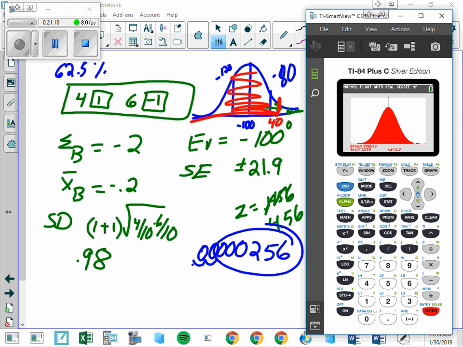And then to simulate 60 sets, you're going to do rand norm of 100, or negative 100, comma 21.9, comma 60, and store that in your L1, then sort your L1 and you can count up and see what your percentages are. Was anybody way off when they did that? No? Pretty good? A random number generator is decent even though it's not really a random number generator.